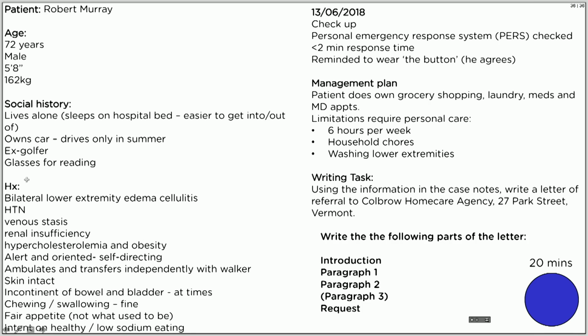So let's have a look at the patient history here, and think about which of these case notes can be put together into a sentence. So, bilateral lower extremity edema, cellulitis. Let's put a star next to this one, okay? Which ones would go with this medical issue? Hypertension, in some ways related. Venous stasis, definitely.